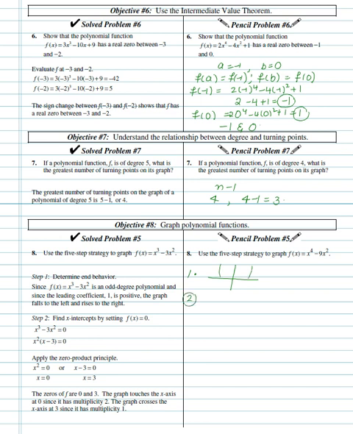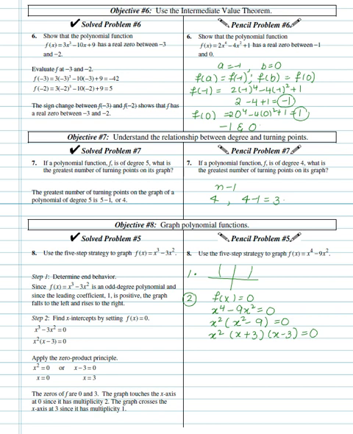Number 2, x-intercepts. How do I find the x-intercepts? I set f of x equal to 0. That is x to the power 4 minus 9x squared equal to 0. Factoring out x squared, I have x squared times x squared minus 9 equal to 0. So I have x squared times x plus 3 and x minus 3 equal to 0.